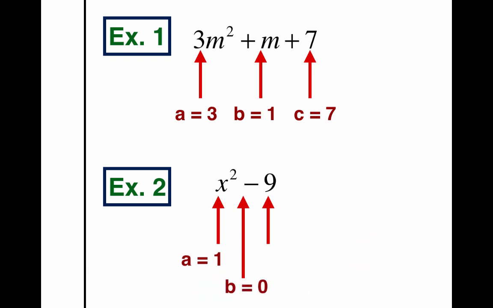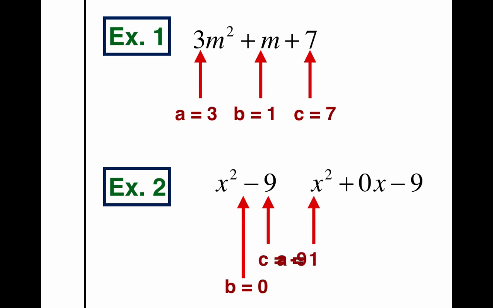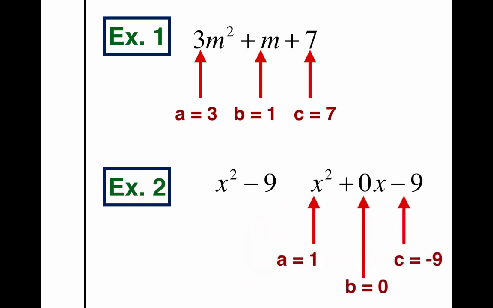B is 0. It's not there. And C is equal to negative 9. There's your ABCs. In fact, we could rewrite this problem if it helped us. We could say we have x squared plus 0x minus 9. If we needed to, we could do that. There's the A, there's the B, there's the C. Same equation, just added the 0x in there.